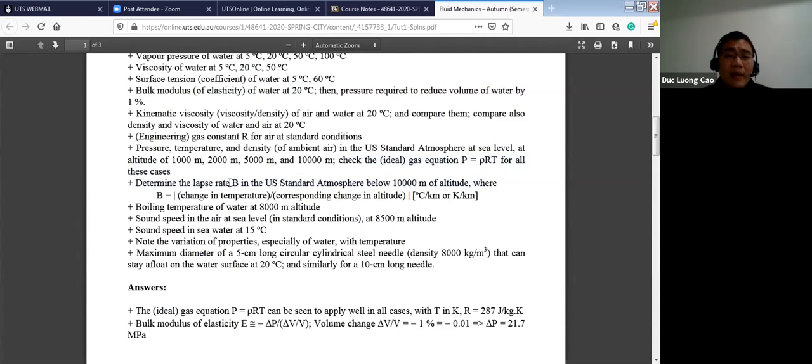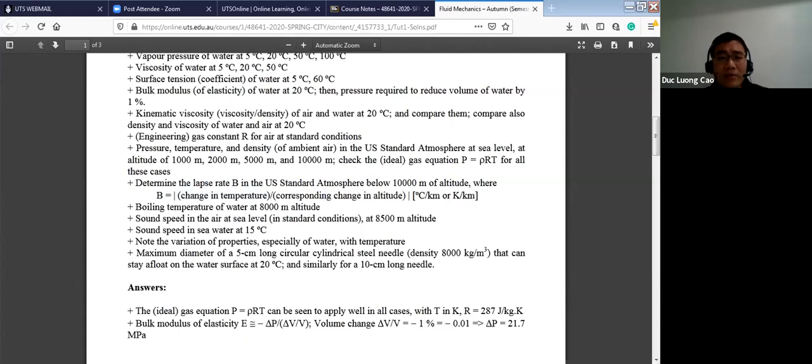The lapse rate B. Lapse rate B equals the change in temperature divided by the corresponding change in altitude. And this one is easy because temperature and altitude you have from the table.